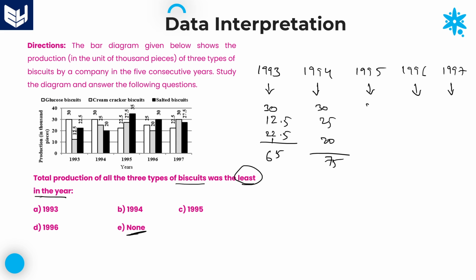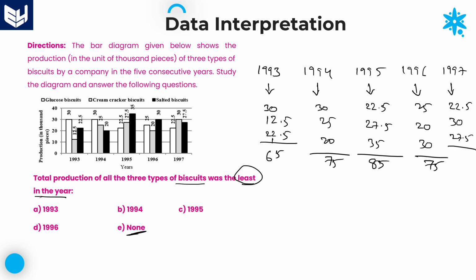Third: 22.5, 27.5 and 35, which is 85. Fourth: 25, 20, 30, that is 75. Fifth: 22.5, 30, 27.5, 22.5 plus 27.5 is 50, 50 plus 30 is 80.